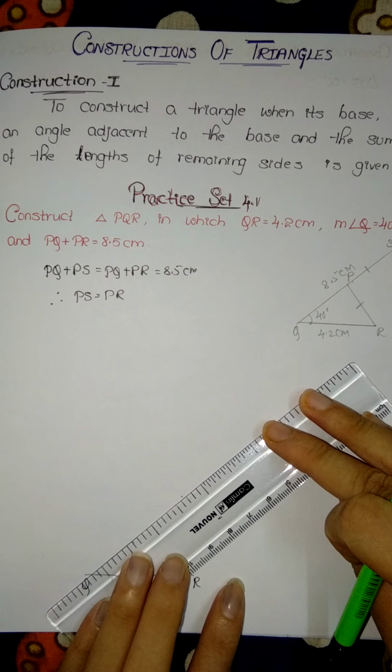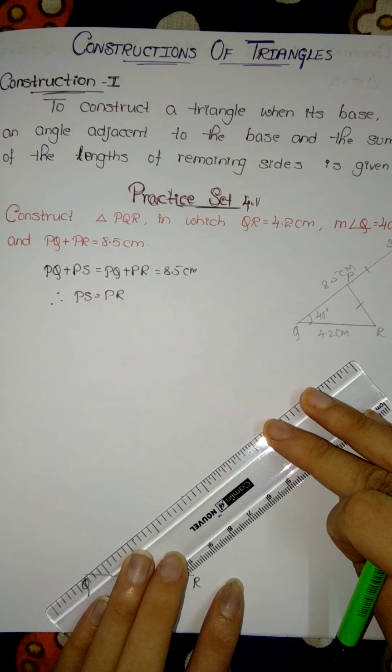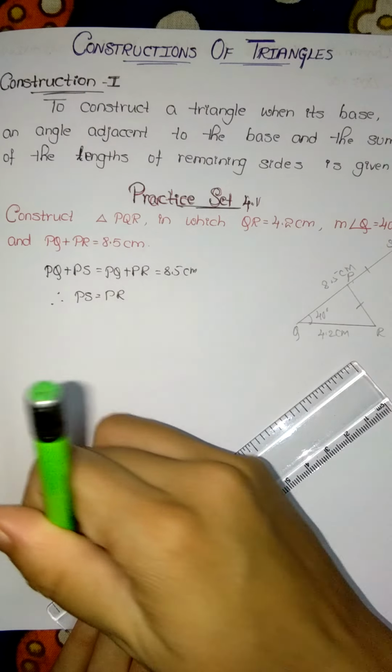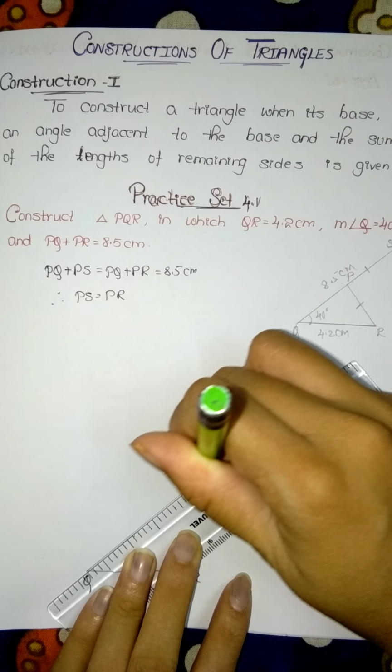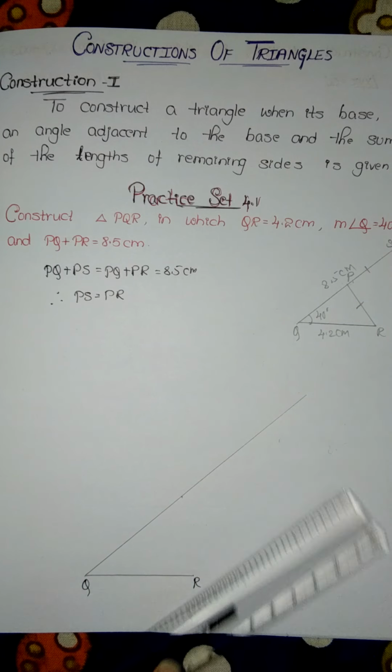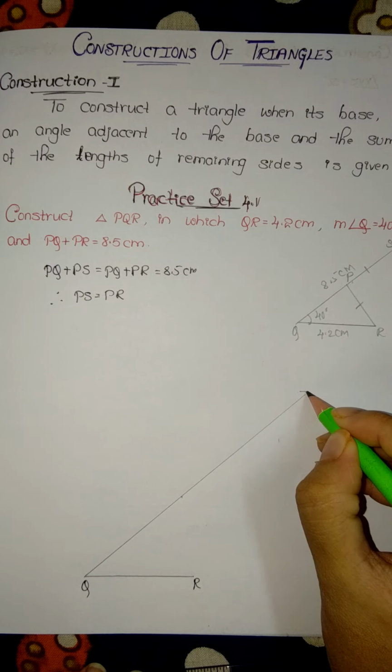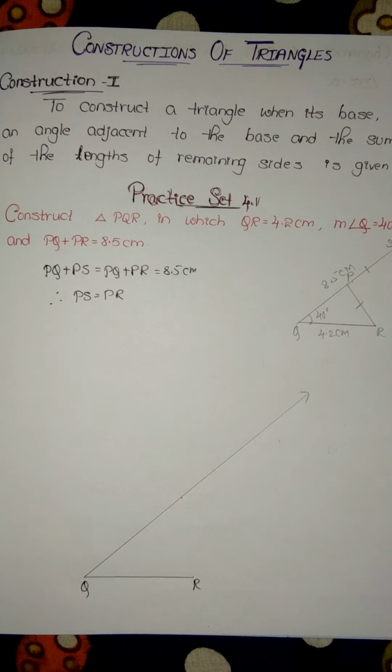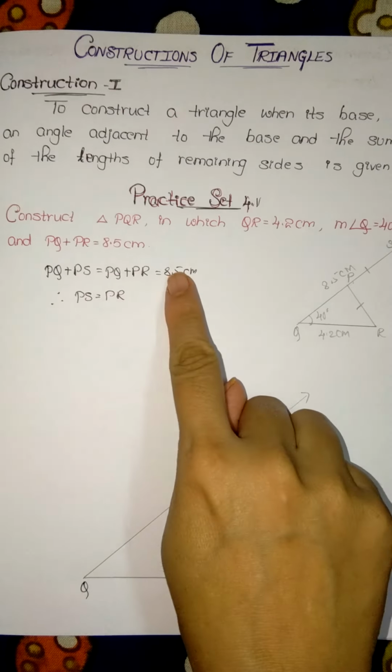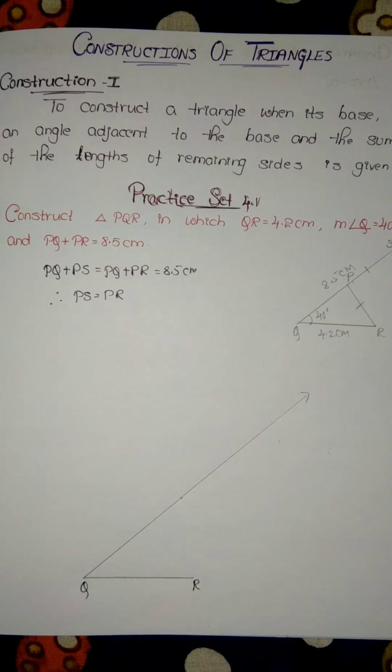Join the point and extend this. Now take the measurement of 8.5, because PQ plus PR is 8.5, so we need 8.5.